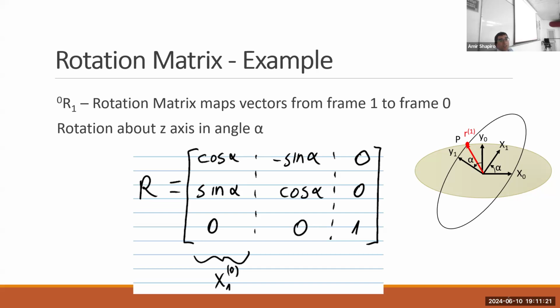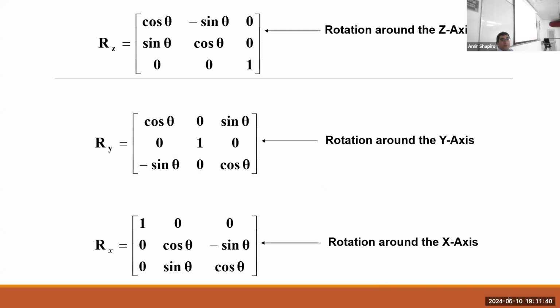The rotation about the z-axis is this matrix, where the first column is the x-axis of the first reference frame expressed in the zero reference frame. And here are the rotation matrices around all the axes: around Z axis, around Y, and around X.